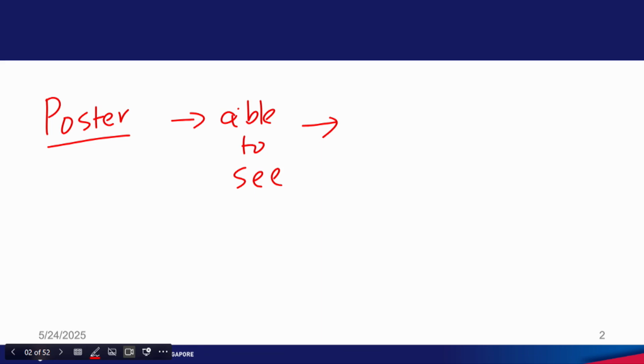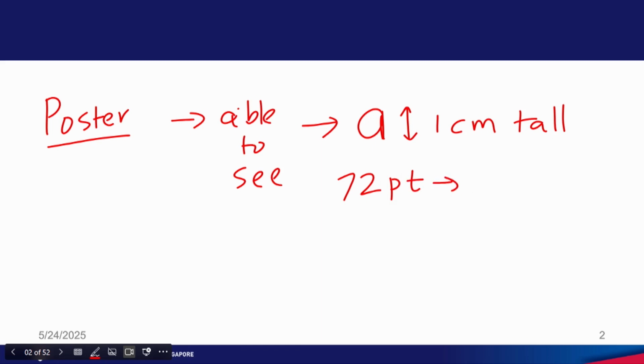So if you want all of them to see your posters, the minimum font size, the height of the font, for example, let us say you have the letter A, this font has to be like 1 centimeter tall. In the case of printing technology, 72 point means 1 inch, which is 2.54 centimeter.